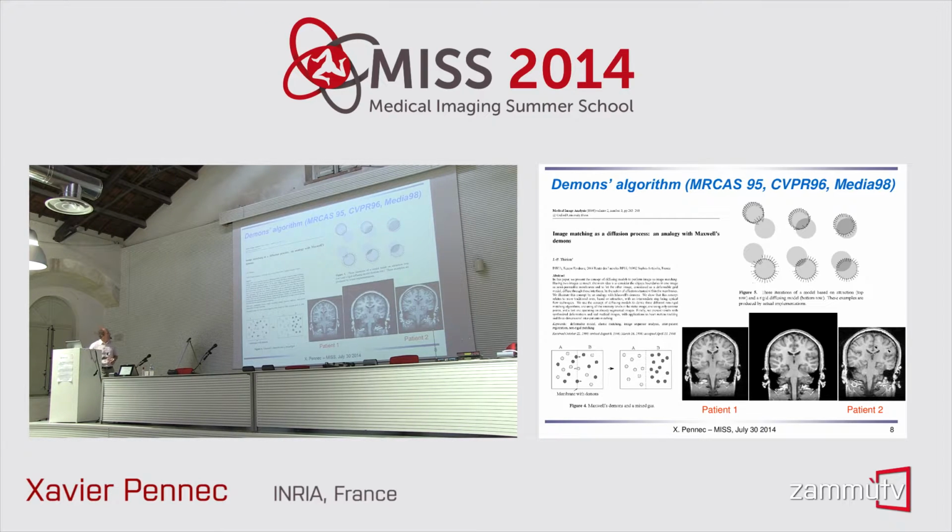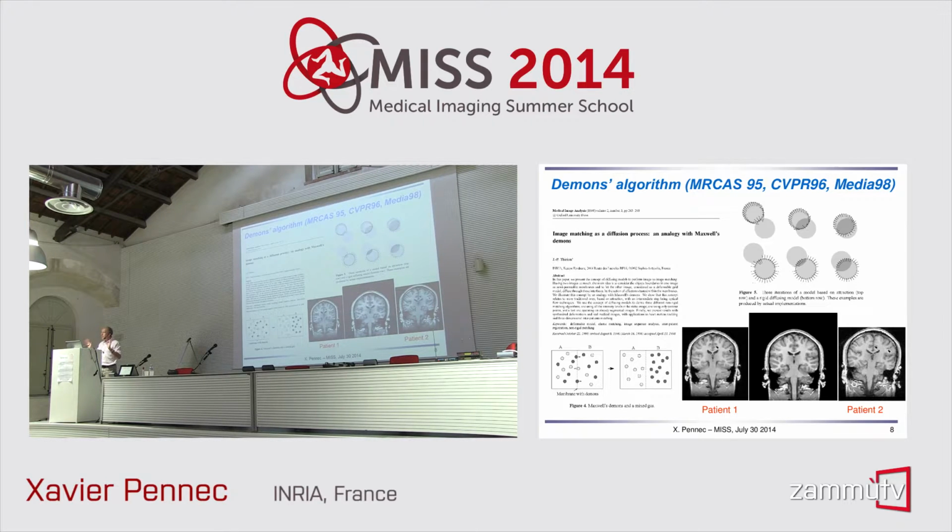So the idea of Jean-Philippe Thirion was to do something similar. You put small demons everywhere in the image, and they just look at the intensity where they sit and the intensity at the current place of the other image. So you just look locally, meaning that you can take the intensity and the gradient. And if the intensity in the other image is higher, you push along the gradient of your image in one sense, and if it's lower, you push in the other way.